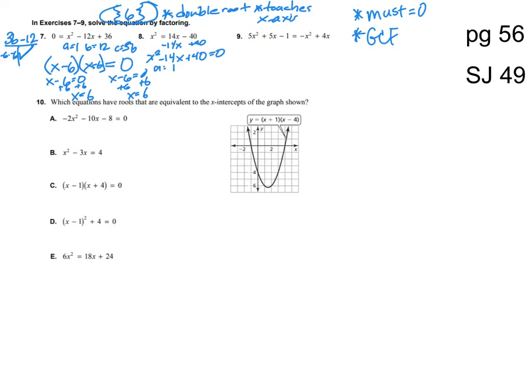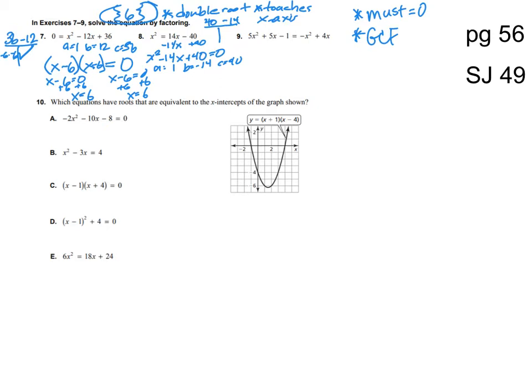A is 1, B is negative 14, and C is 40. So I need factors of A times C, so that would be factors of positive 40, that would give me a sum of negative 14.